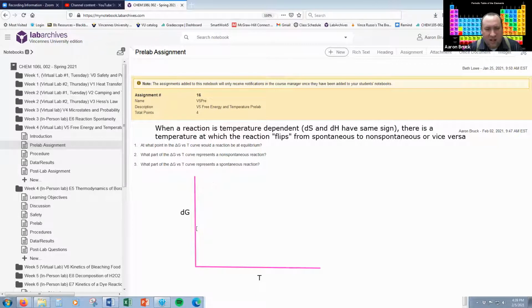And what we will see is that the value of delta G is going to hit a spot where it crosses this line and flips from being a negative value to a positive value.